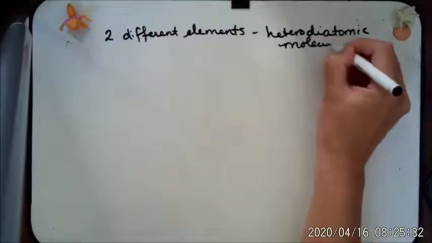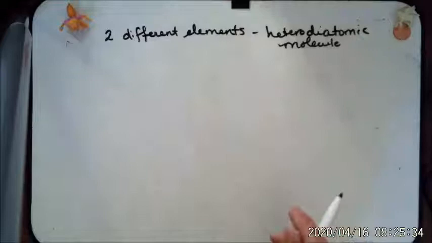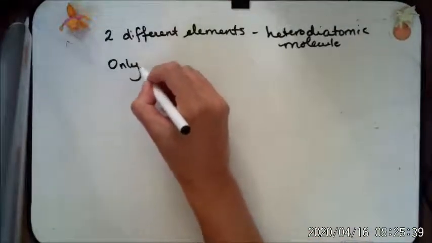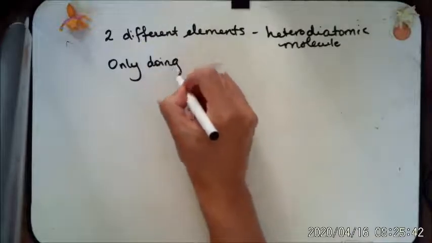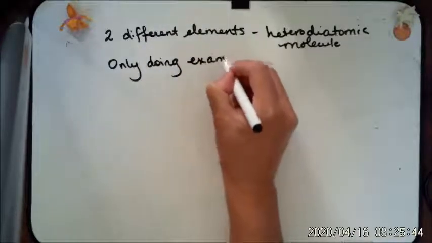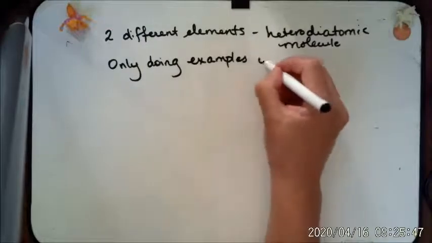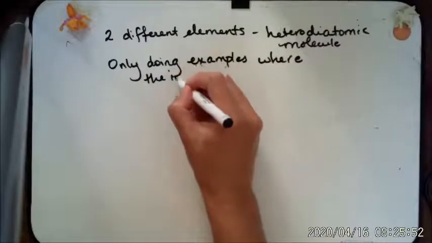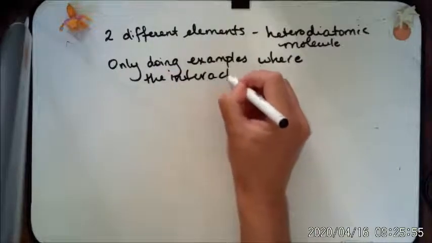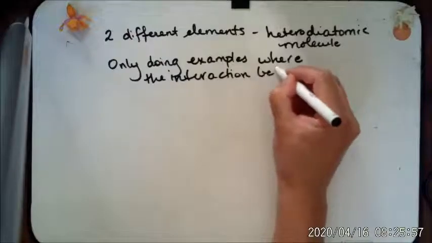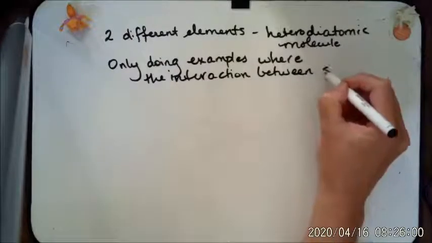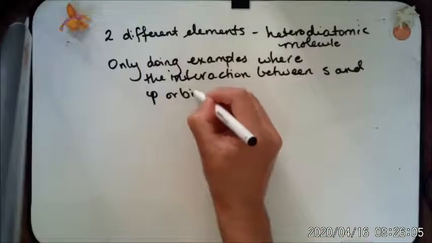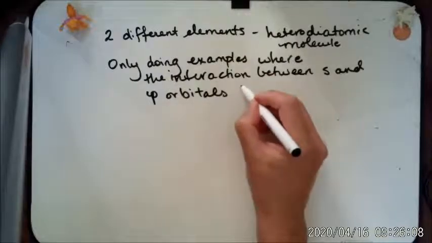And the other thing I'm going to mention here, not always the case, is we'll only be doing examples where the interaction between s and p is weak.